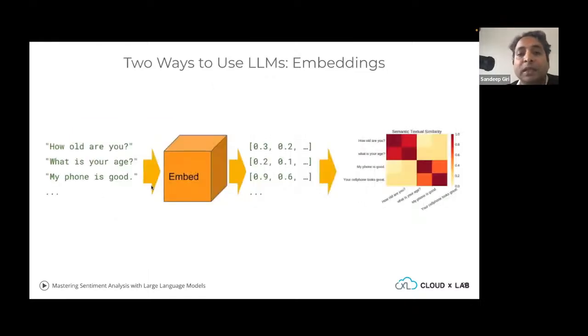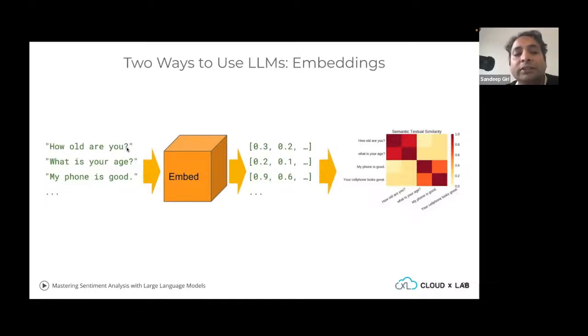Let me show you. Say for example, we have text like: How old are you? What is your age? My phone is good. And the fourth sentence is: your cell phone looks good.